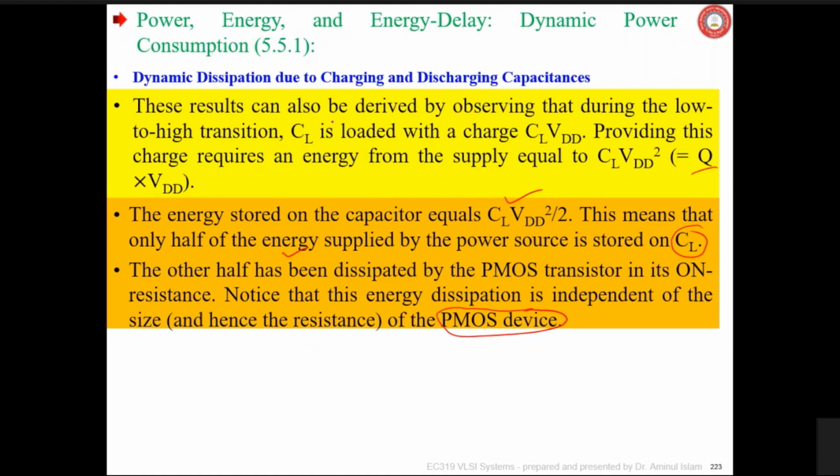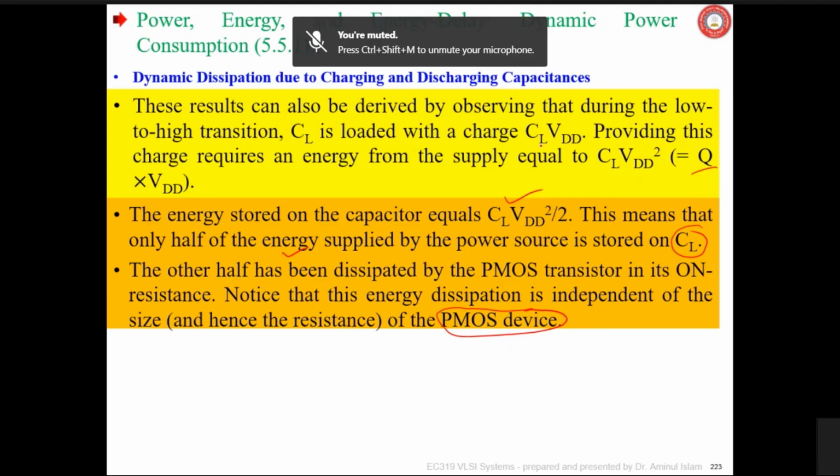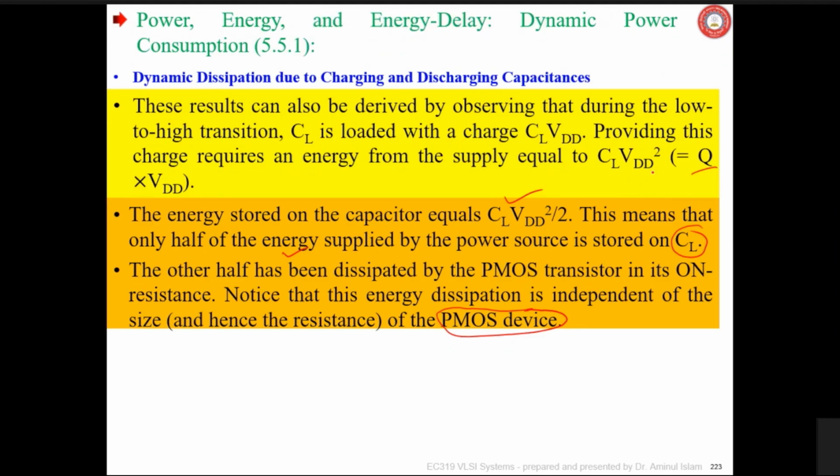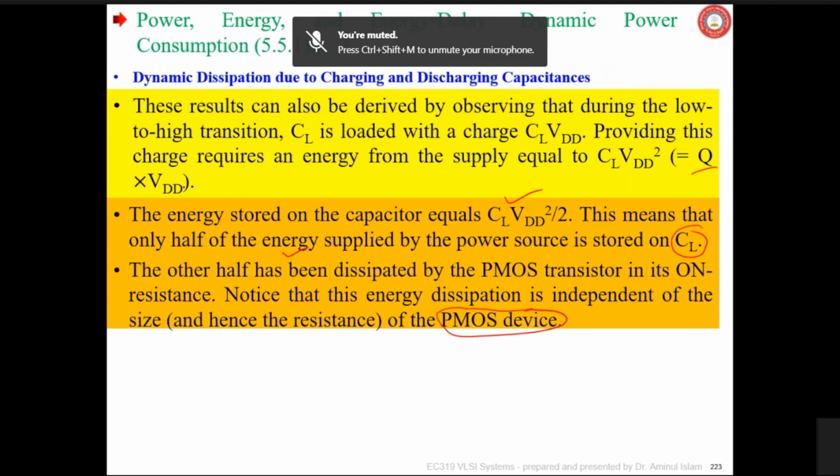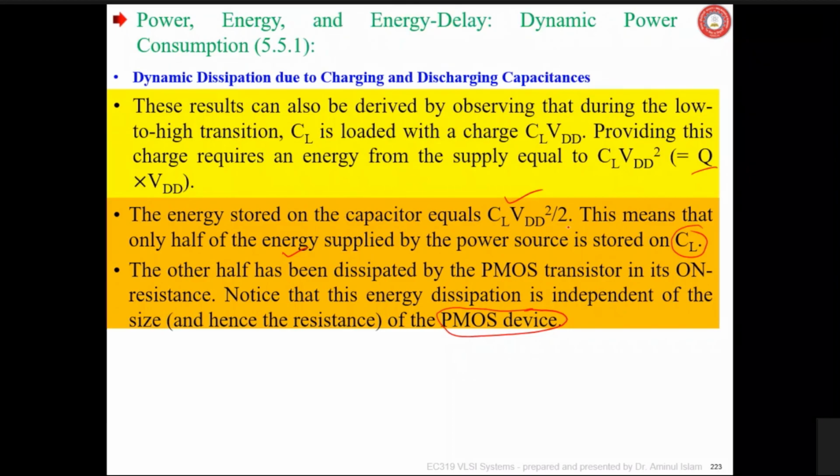These results can also be derived by observing that during the low to high transition, CL is loaded with a charge CL VDD. Providing this charge requires an energy from the supply equal to CL VDD square, equal to Q into VDD. The energy stored on the capacitor equals CL VDD square by 2.